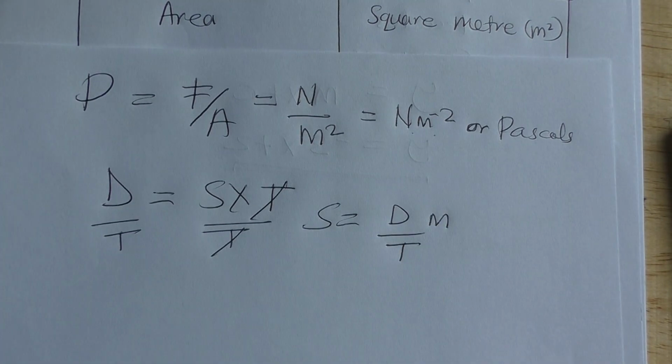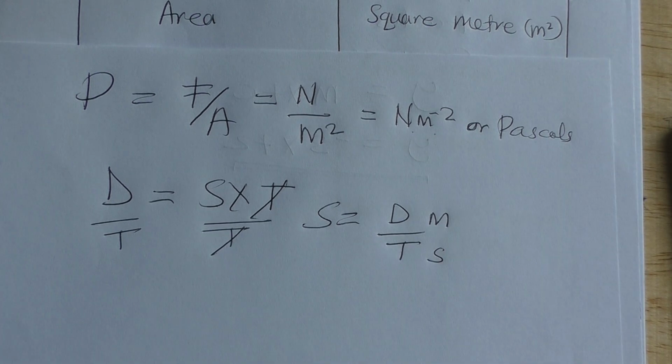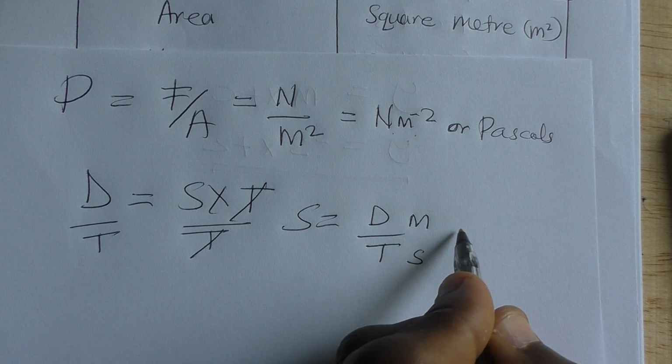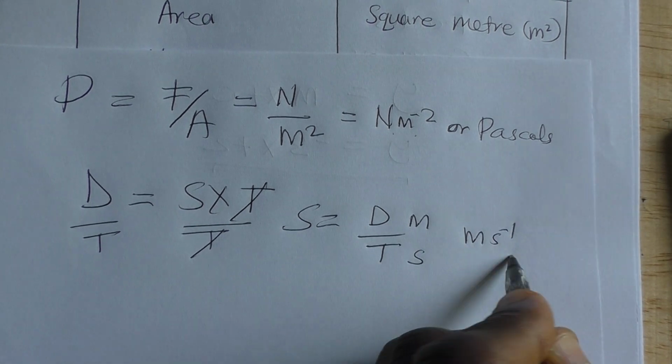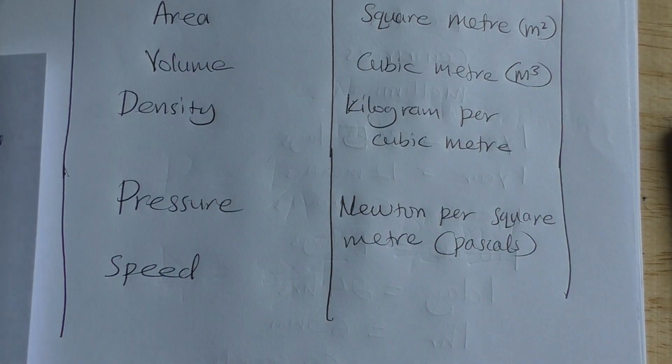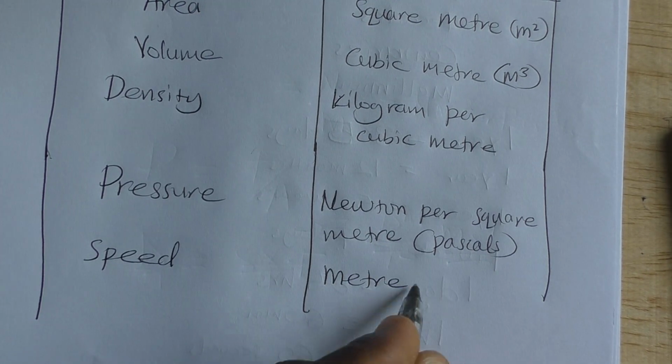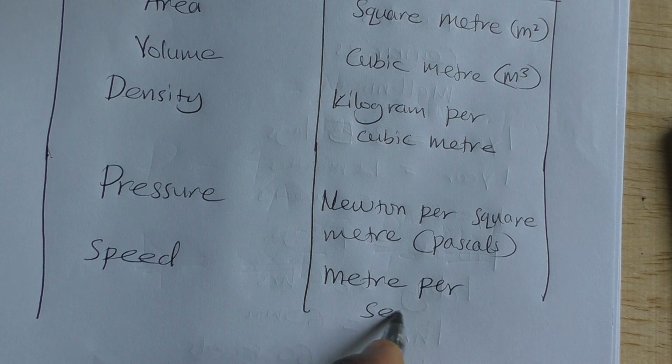Distance is in meters, time is in seconds, and therefore the SI unit of speed is meter per second. So speed is measured in meter per second.